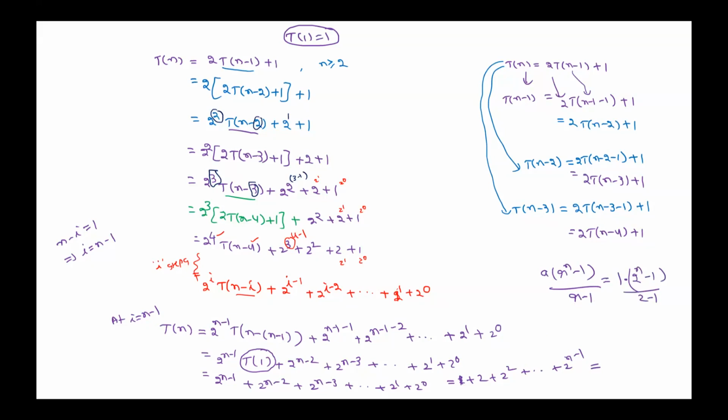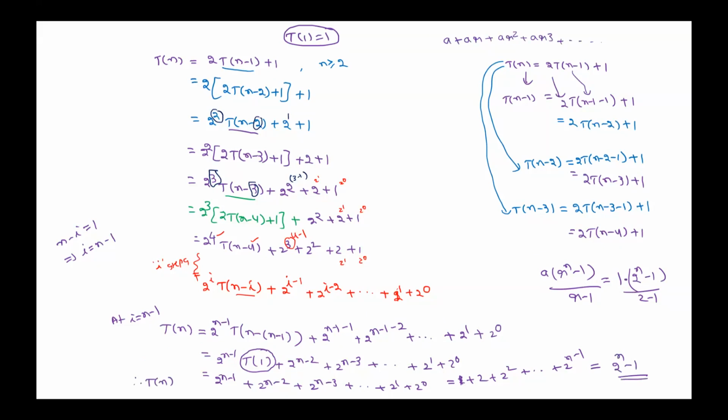R is the common ratio, A is the first term, A plus AR and so on. Correct, no? So this becomes 2 power n minus 1. Therefore T of n is 2 power n minus 1.